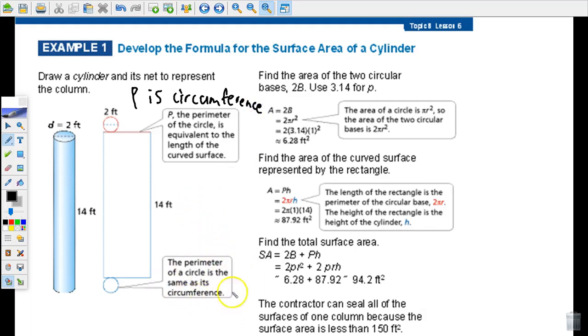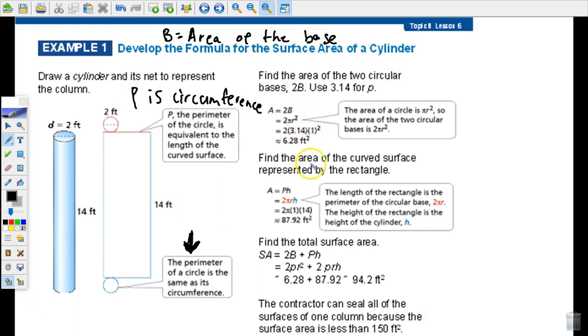The perimeter of a circle is the same as its circumference right here. But I would just like you to write it down just so you remember it. So capital B equals area of the base. And then capital P is circumference. That's the perimeter.